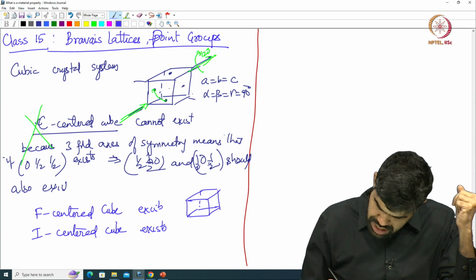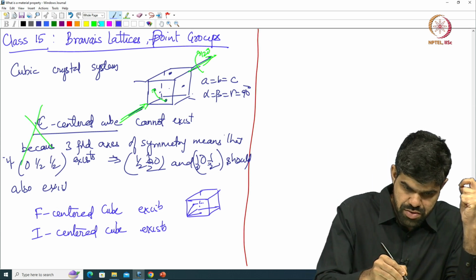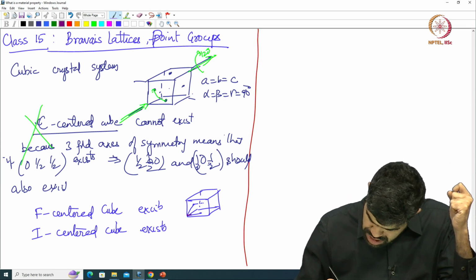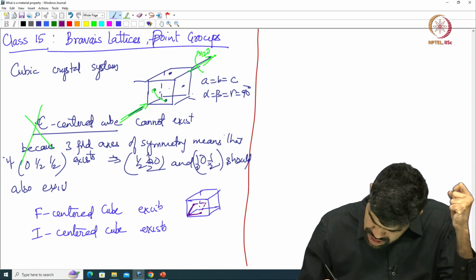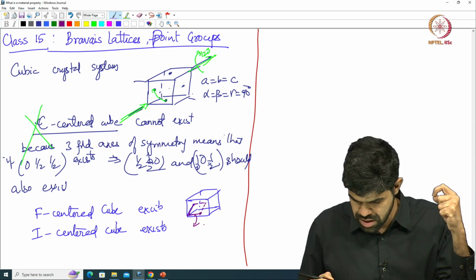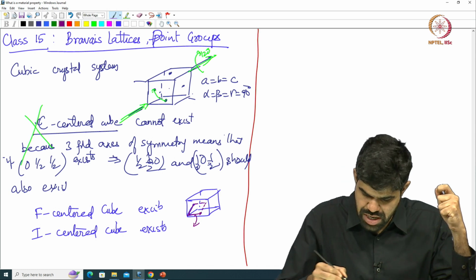so I can take this face center, and then I can try to make a unit cell out of it. Okay, sorry, let me just draw this. I can take this face center, and the ensuing unit cell is not cubic. So, these angles are, sorry, and the third face center also.